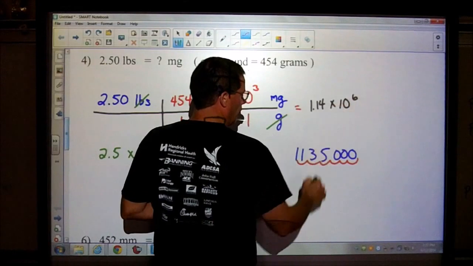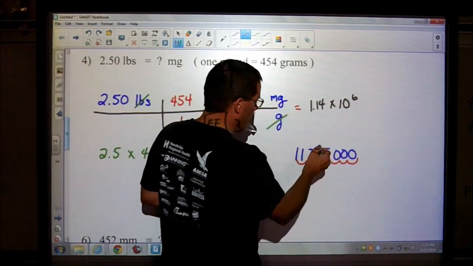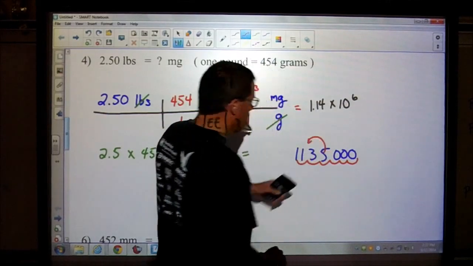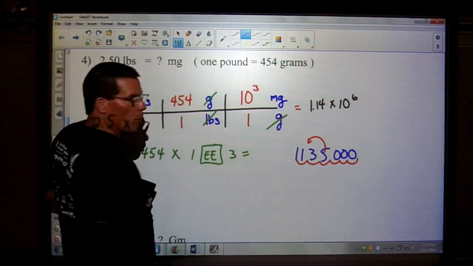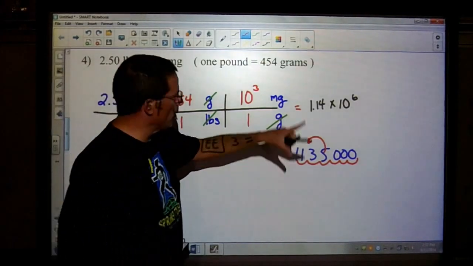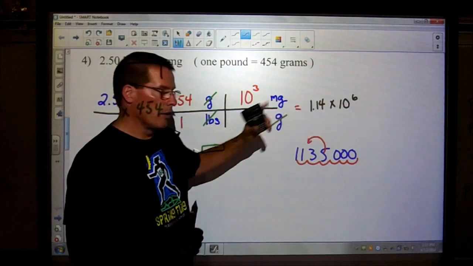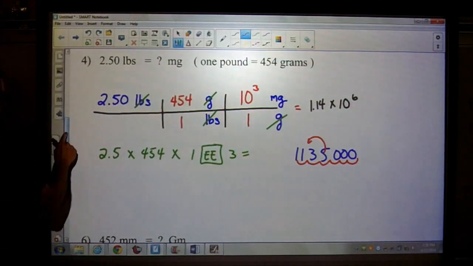That's why my 6 is there. And then since this value's 5 or greater, then I round that number up, the 3 to a 4. So this is truly what my answer is, and we'll talk in class, if we haven't already, about how to get this number to look like this on your calculator.